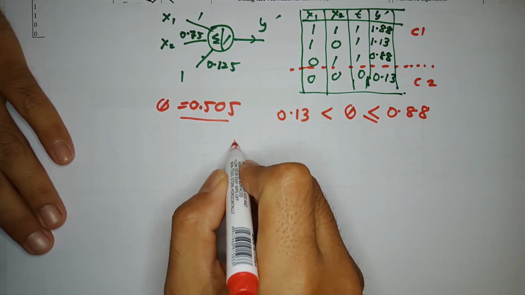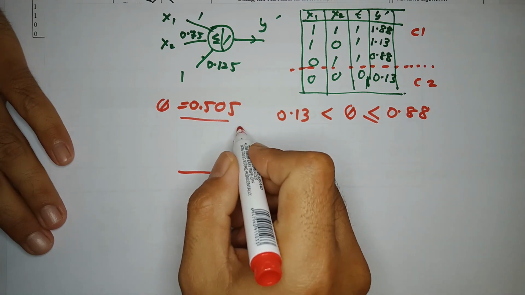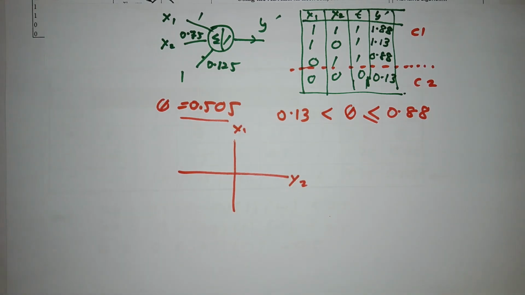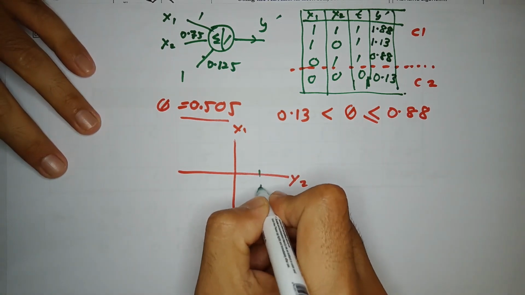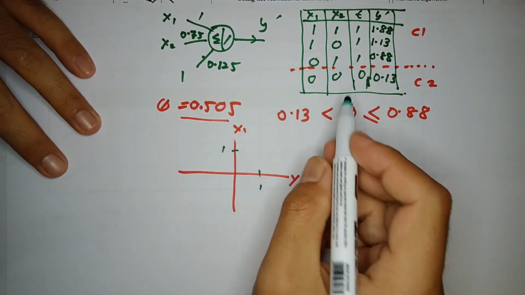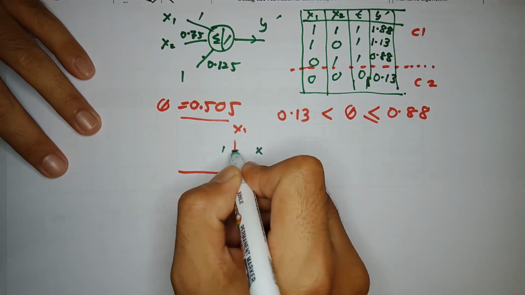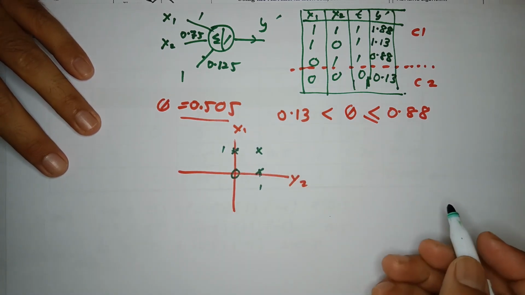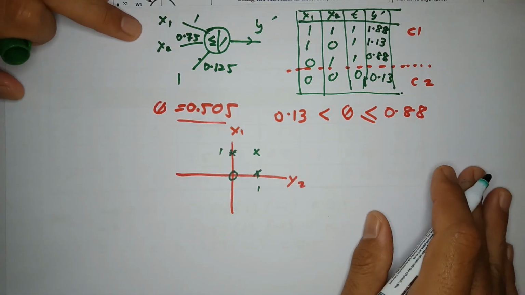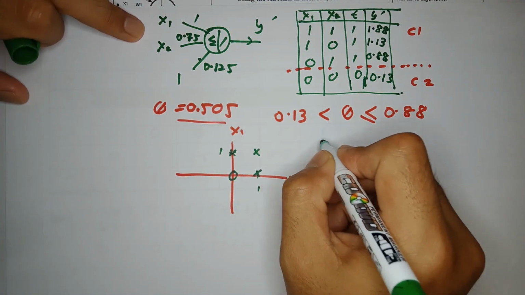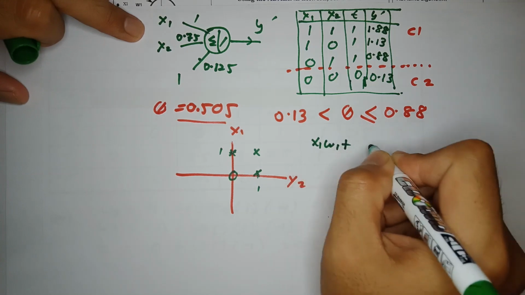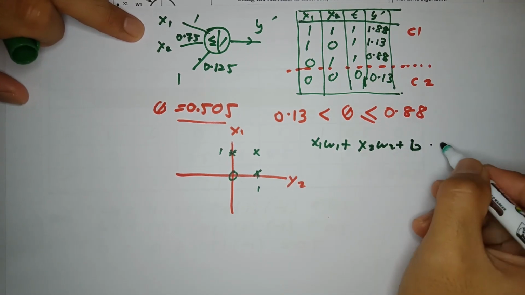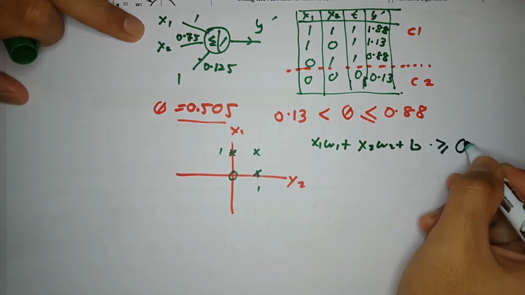For this case, we put x1 here, x2, and if we put the value 1 1, this belongs to the cluster of 1, and this belongs to the cluster of 0. The general equation for this case is x1 w1 plus x2 w2 plus b, higher or equal to theta.